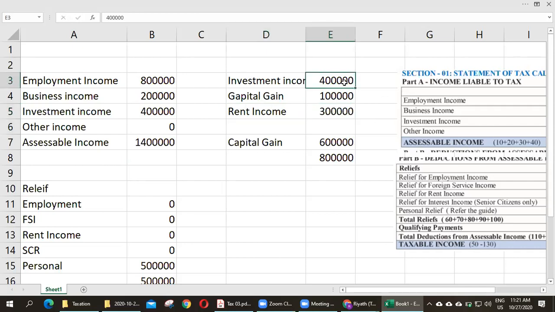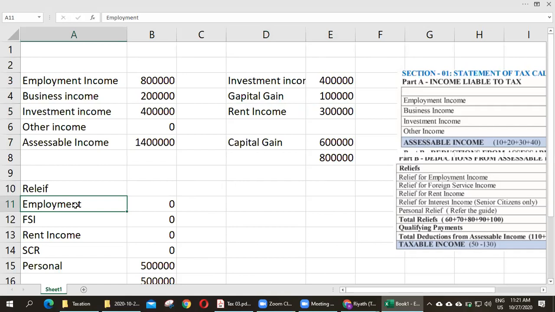Total 400,000, right? Do you have any doubt on calculation of assessable income? Right, no, right. Now we go for relief, right?